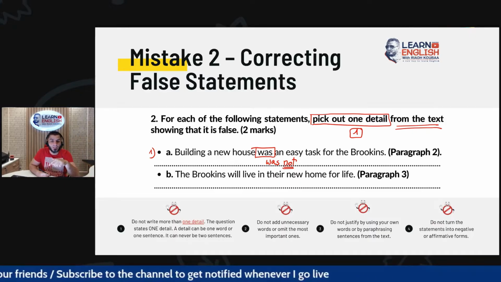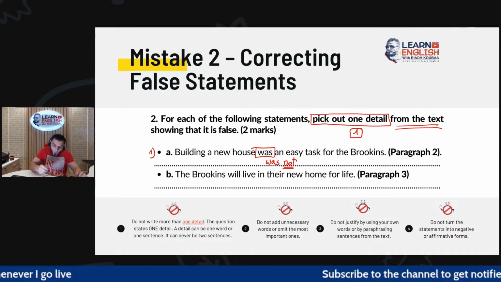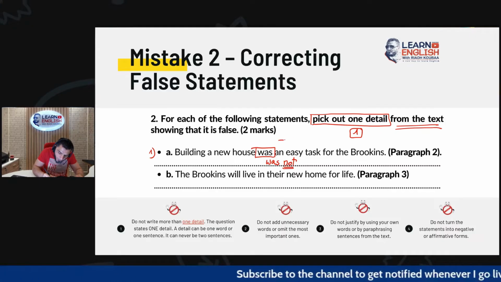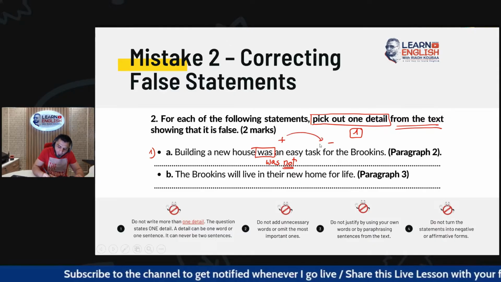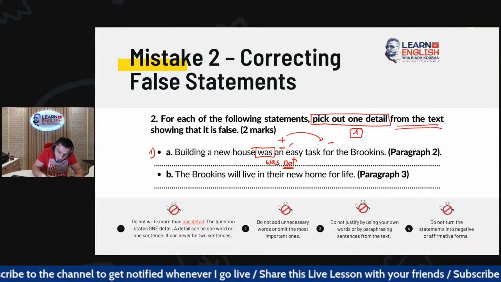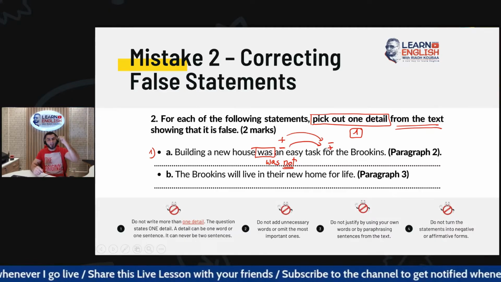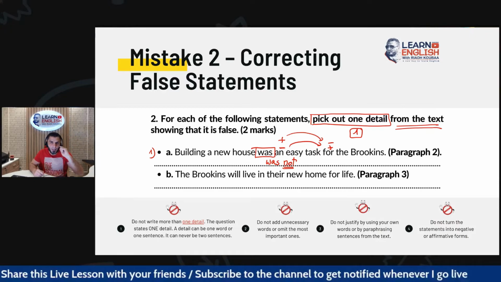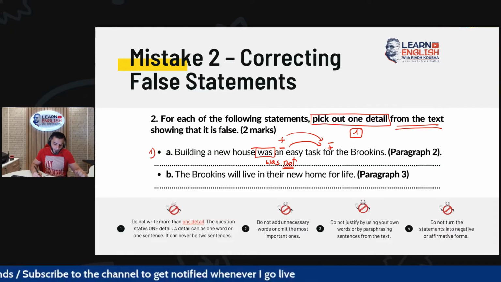But let me ask you a question. Have they justified from the text? No, they haven't. So it's not correct. So here we have a positive statement. They put it in the negative, but sometimes you have a negative, and they turn it into a positive one, thinking that they have corrected the statement in the question.